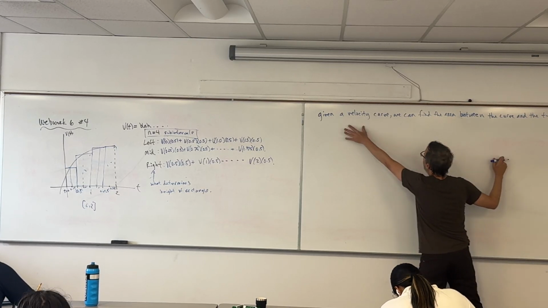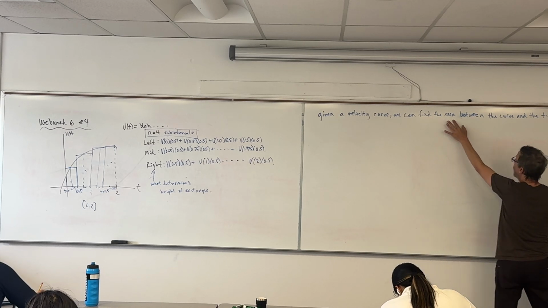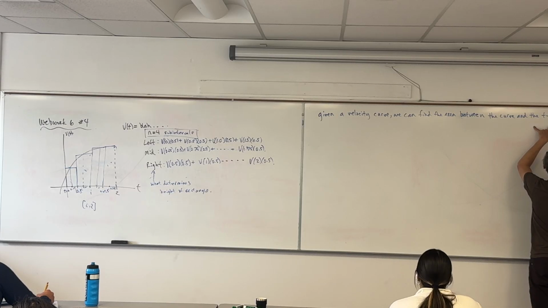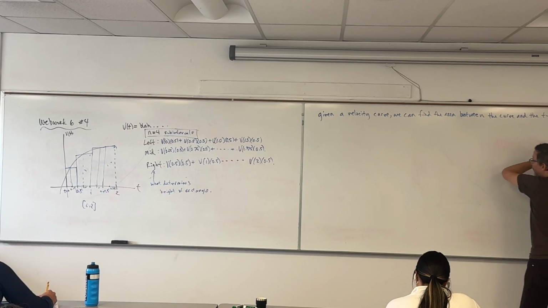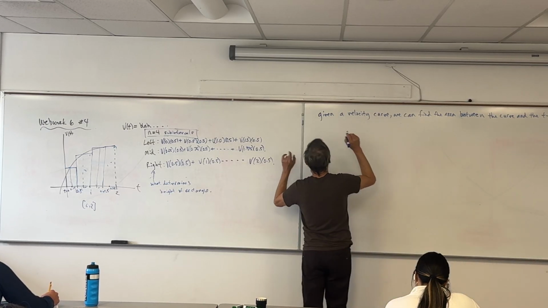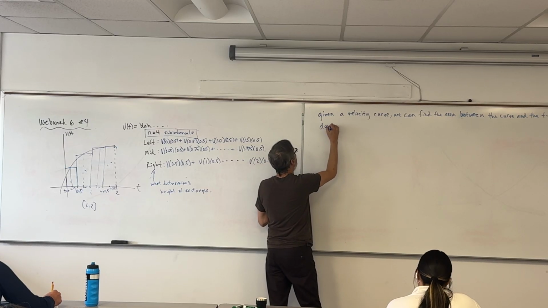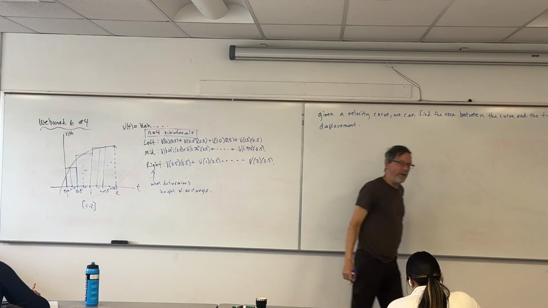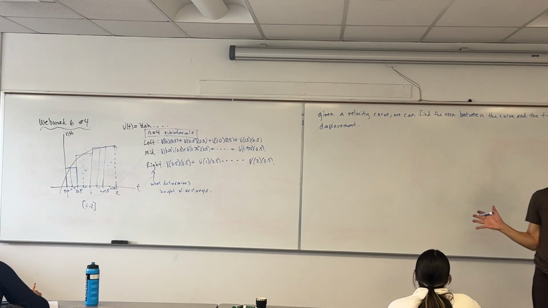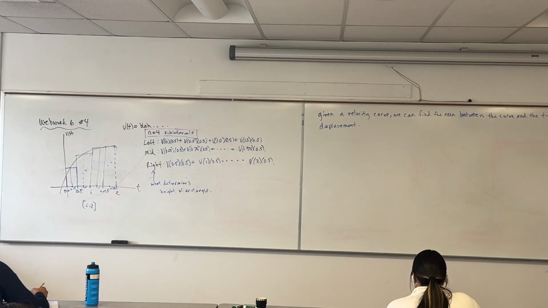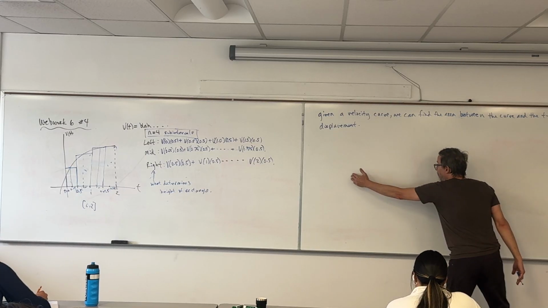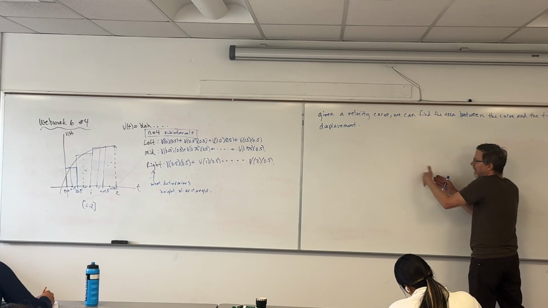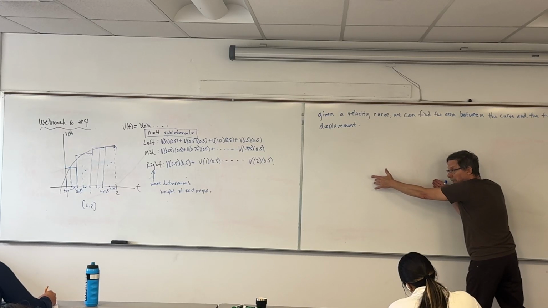So, given a velocity curve, we can find the area between the curve and the t-axis to get, not exactly distance, but let's say displacement, which is a little bit different. Kind of the same, it can be the same. But displacement could also be, oh, I moved forward 3 and back 2, so my net displacement was 1.